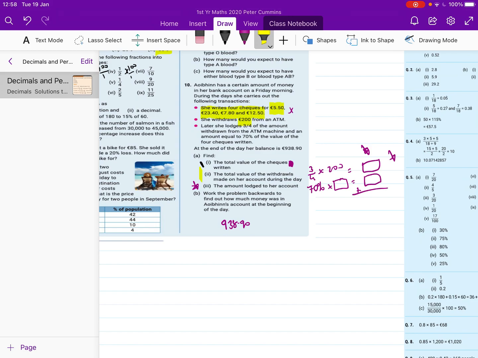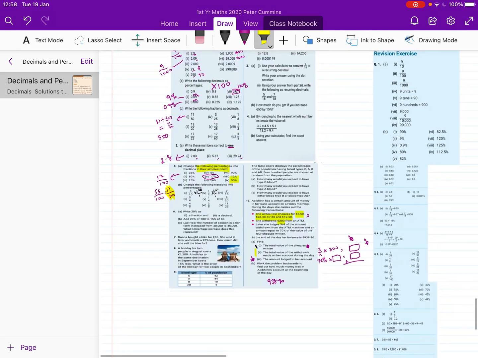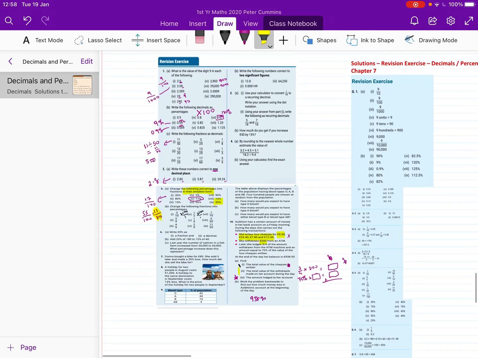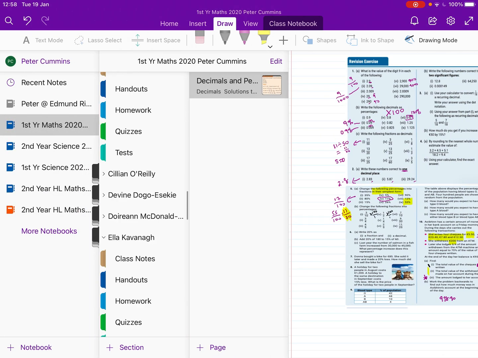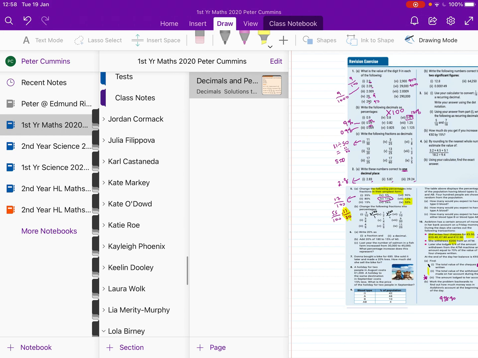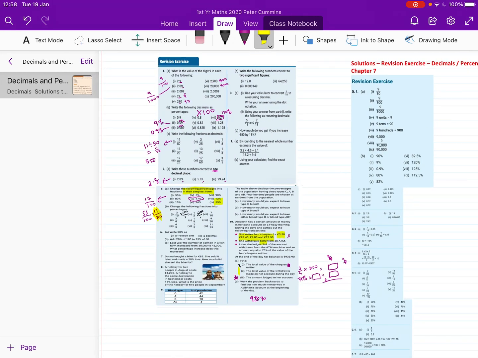But what I want you to do now is go back to your homework, because when I go into your homework in the OneNote, which I've been doing, you'll see I have all the files open with everyone's homework open because I've been looking through it. I want you to pause the video, go into your homework section of OneNote, and correct your own homework.